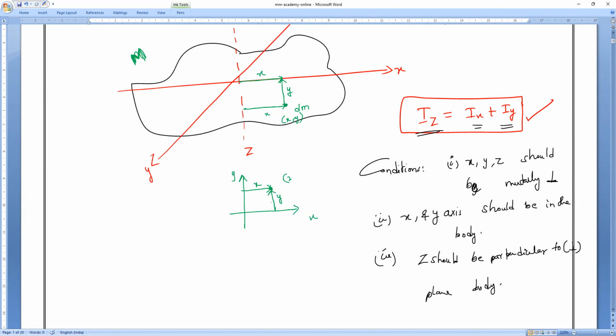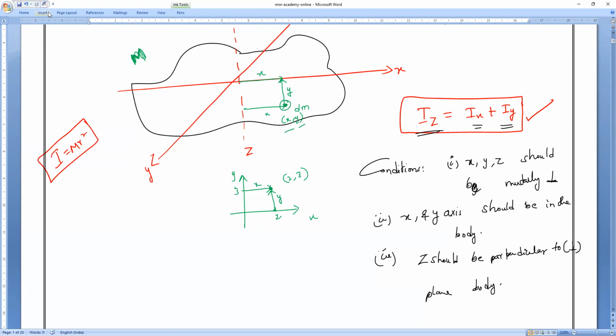Imagine this point is 2 and this point is 3, so the point is (2, 3), that is x and y. Now let me take this particular point. What is the moment of inertia about the x-axis and about the y-axis? Can you tell me first what the formula of moment of inertia is? I is equal to what? M into R square. Are you clear, all of you?